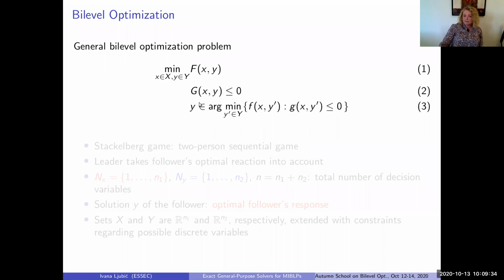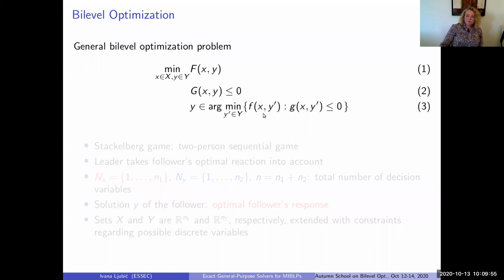Where we say that y has to be the optimal solution of a problem where x comes as an input, which means the follower observes the reactions of the leader, reacts, and finds the optimal way to maximize or minimize, in this case, the objective function.